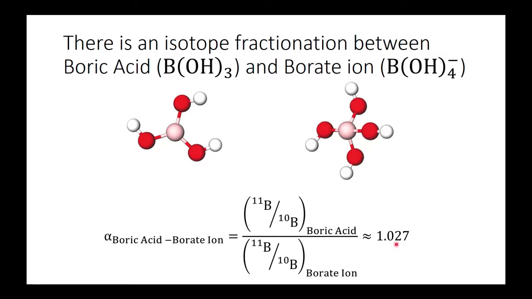That's almost a 30 per mil difference in the isotope composition between boric acid and the borate ion. So although the borate ion has 4 bonds relative to the 3 in boric acid, the boron is more strongly bound in this than this, because it has the heavier isotopes in it.